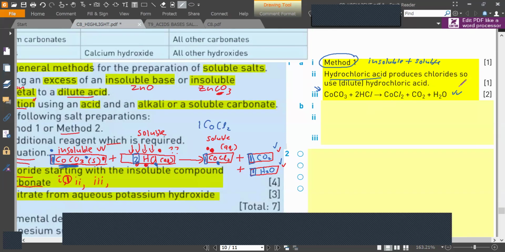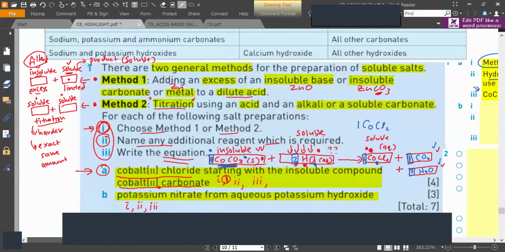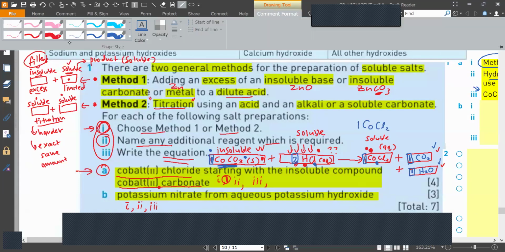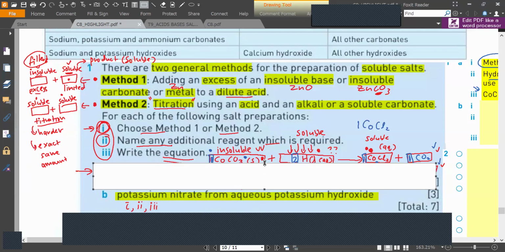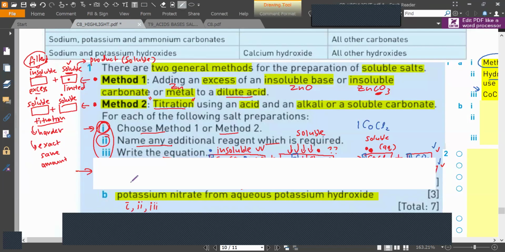Now we will look at question 2, question B. Again, we have reactants and products.